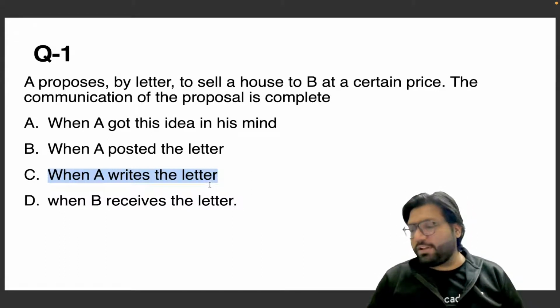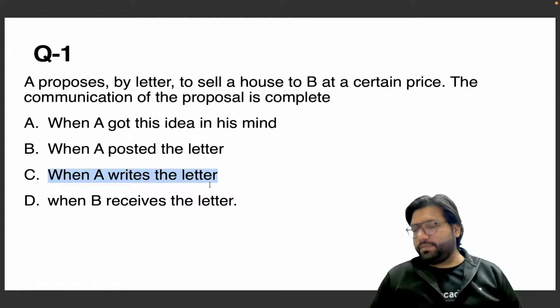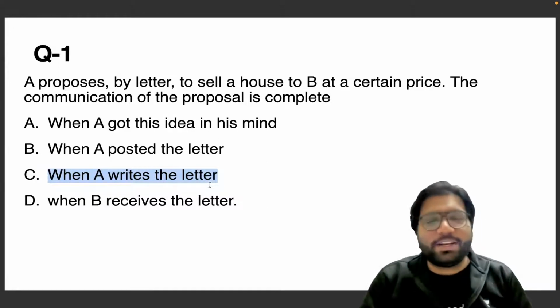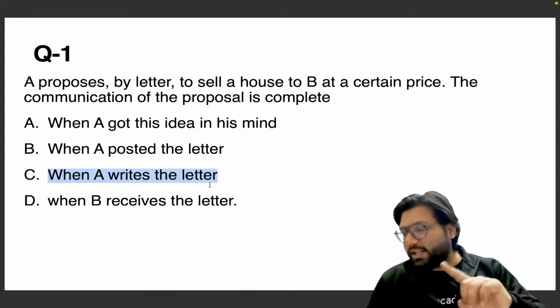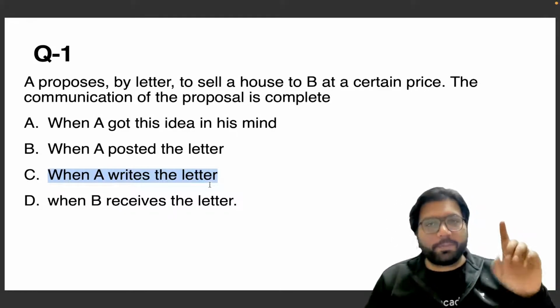Okay, Amit is also giving the reasoning. Anyone else who wants to try? Okay. Ritu is also saying C. Okay, students, let me tell you the correct answer. Only one student has answered correctly, and that is Parminder Kaur. Parminder, correct answer.